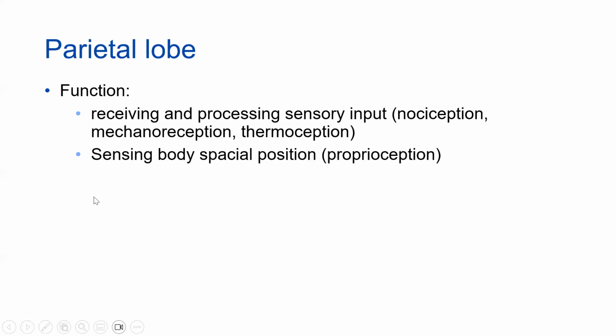Parietal lobe is mainly for sensory processing, so receiving and processing sensory input such as nociception, which is pain, mechanoreception, which is for pressure and touch, and thermoception, which is exactly how it sounds, thermo, so temperature. The parietal lobe is also responsible for sensing body spatial position, and this is called proprioception.